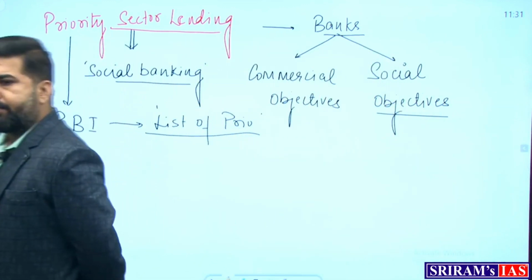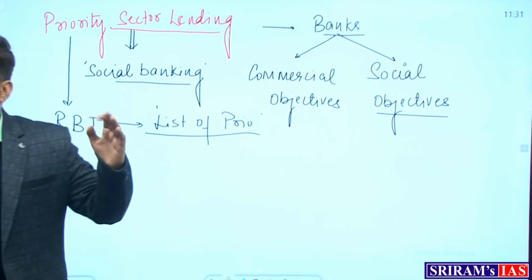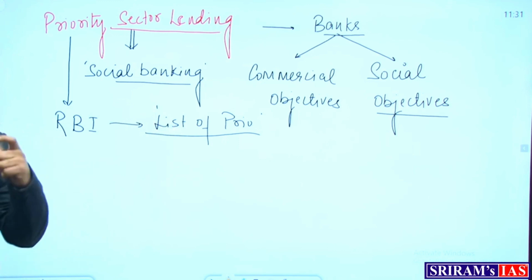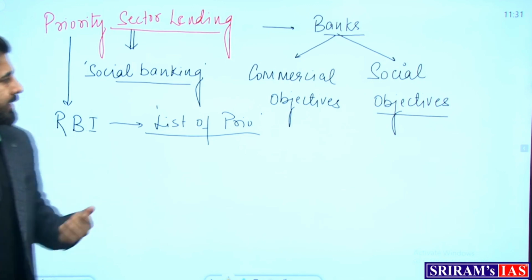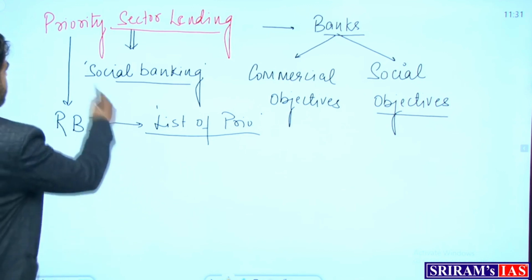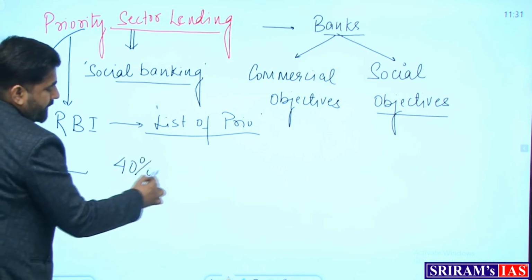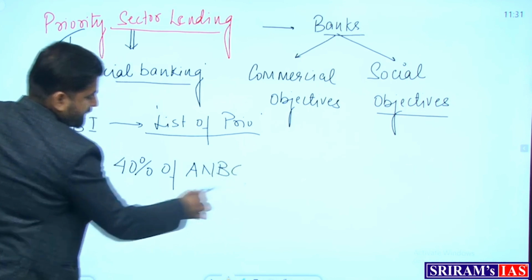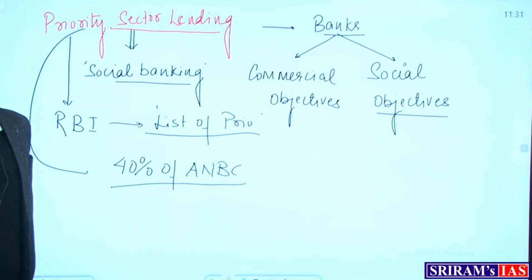Urban cooperative banks is 75%. See, earlier the PSL requirement was 40%. Clear? अच्छा, कहीं पे भी जब word use होगा, so this word will be used: 40% of ANBC. Like in the reserve ratio, what was the word being used?